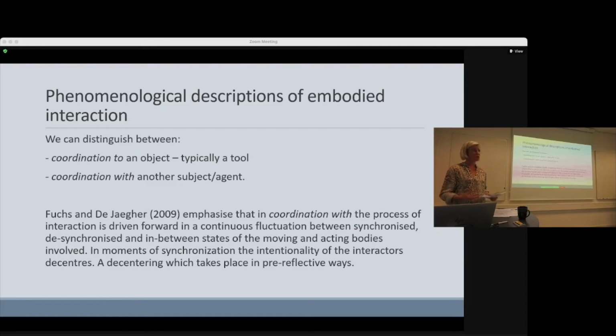It means that the motor intentionality is actually decentered. So the way I move is sort of given through the interaction. In concrete terms, this means that in such synchronized moments, the practitioners involved can experience that the interaction process gains a life of its own. I'm played by the football play, I'm danced by the dance, and so on. These are the kinds of descriptions it relates to.